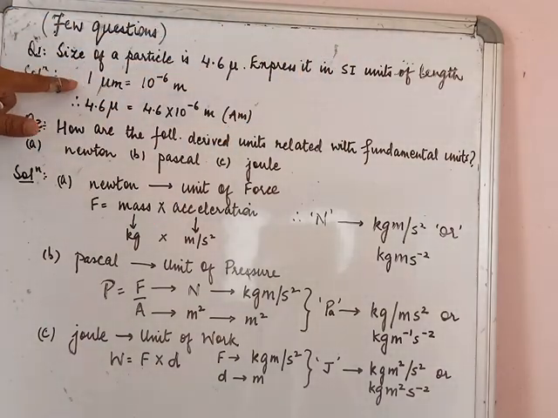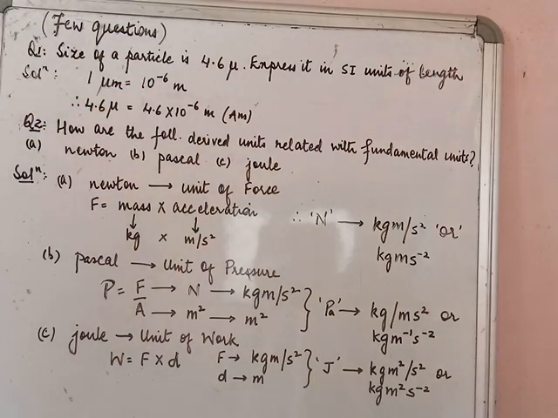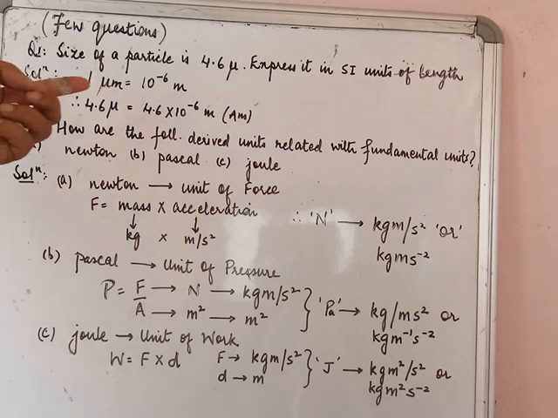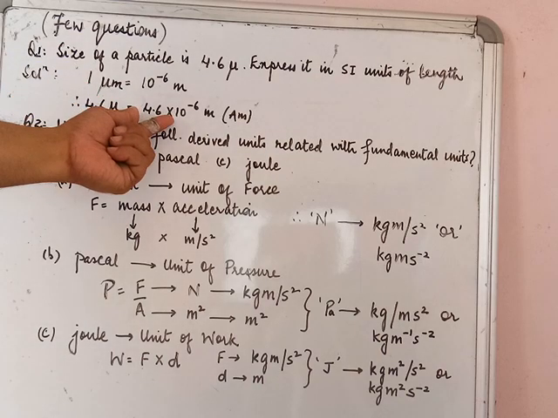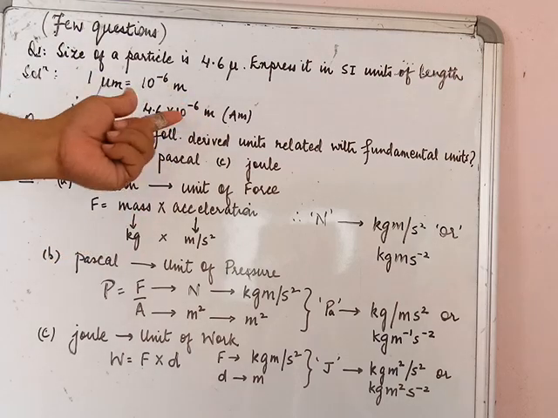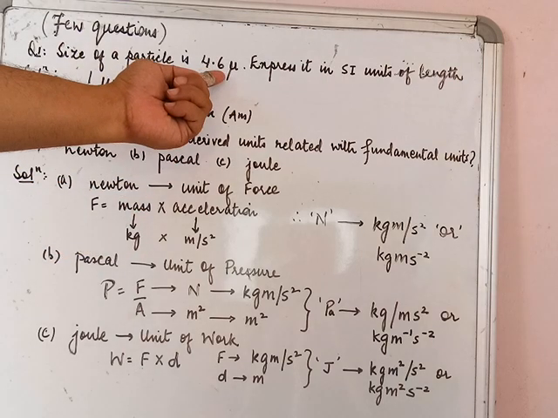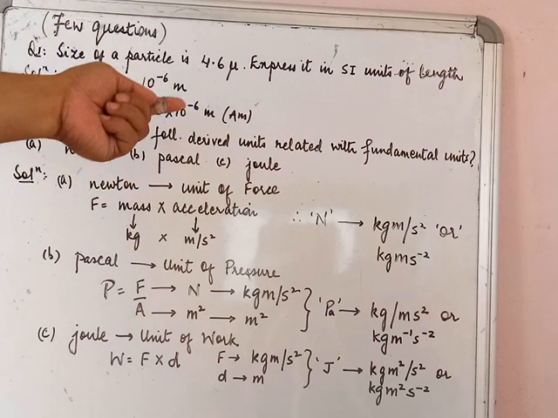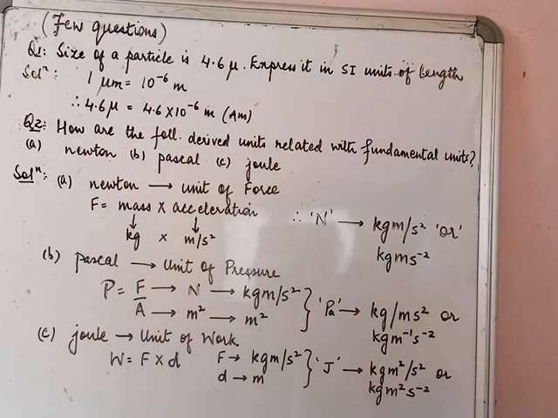So if 1 micron is equal to 10 to the power minus 6 meter, therefore 4.6 microns will be equal to, simple mathematics, 4.6 multiplied by 10 to the power minus 6 meters. So your answer is 4.6 microns is equal to 4.6 into 10 to the power minus 6 meters. That is your answer to the first question.